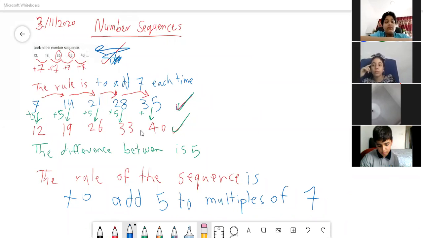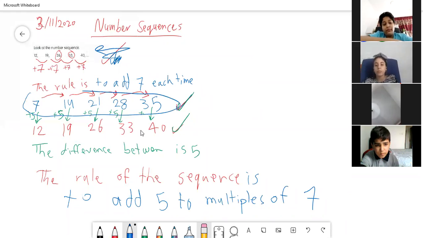So again we have a sequence here, which I repeat. Then I put the multiples of 7 and compare the two sequences.